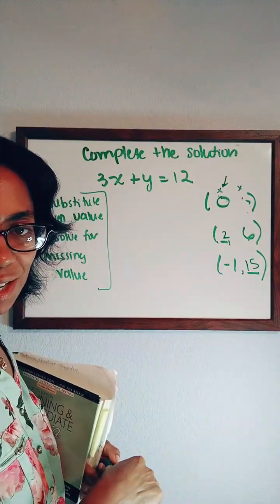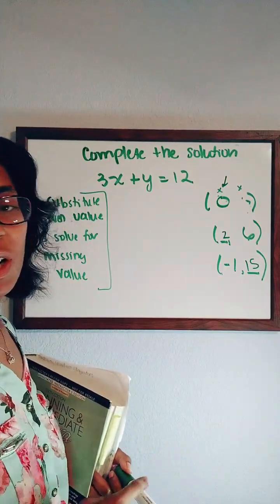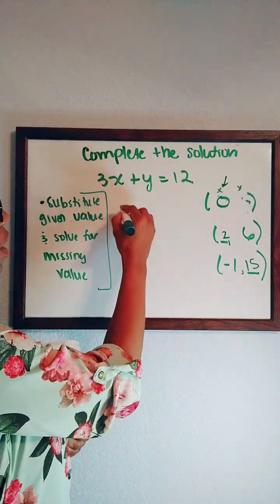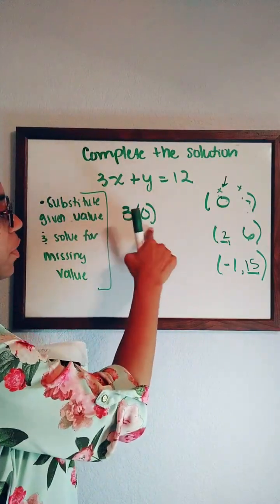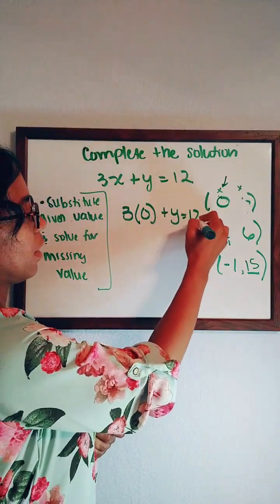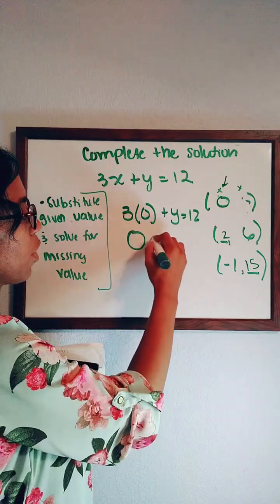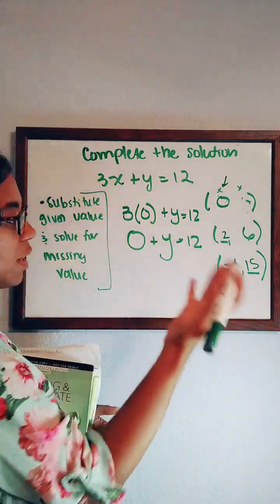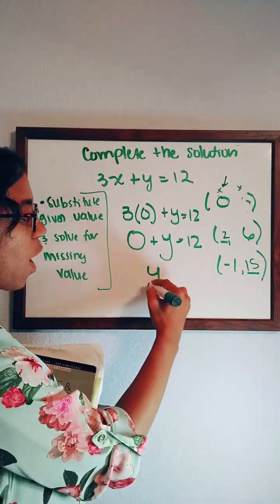Hey, Shay. So we don't divide because we already gave x a number. So the x is no longer there. We're just adding. 3 times 0 is 0 plus y is equal to 12. Well, if I add 0 to y, it's just y is equal to 12.